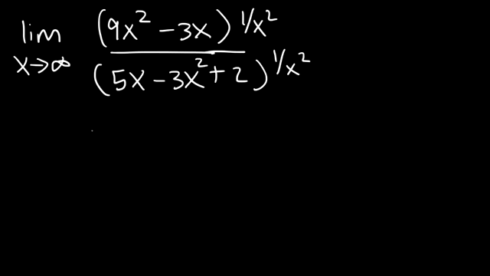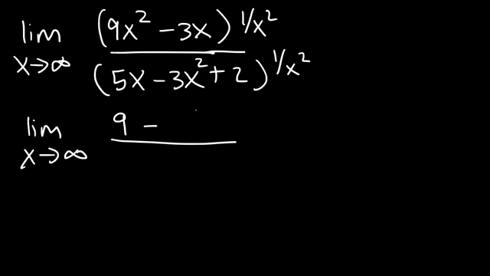So this is going to be the limit as x approaches infinity of 9 minus 3 over x divided by 5 over x minus 3 plus 2 over x squared.